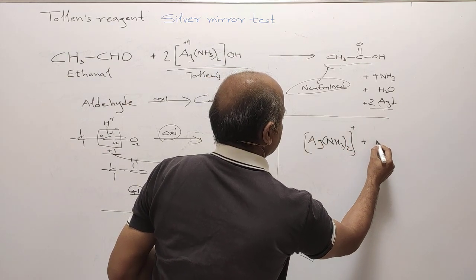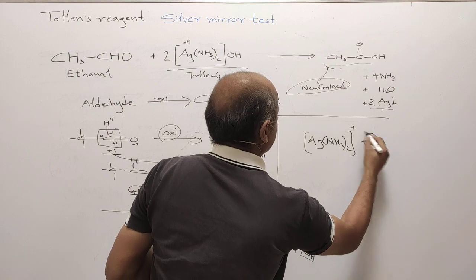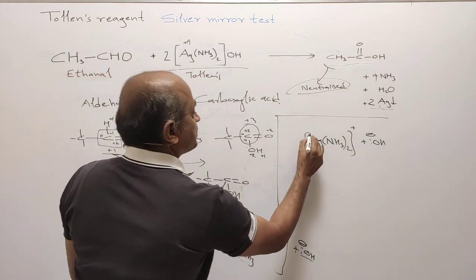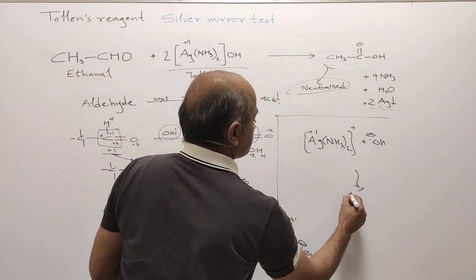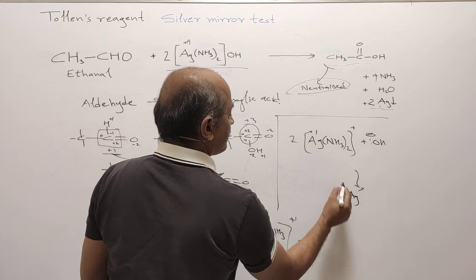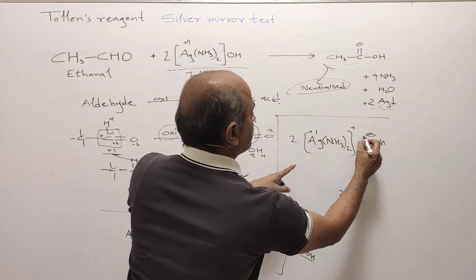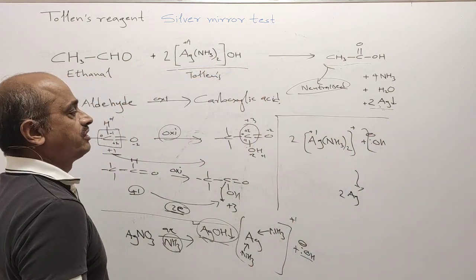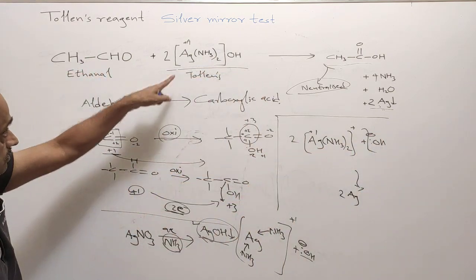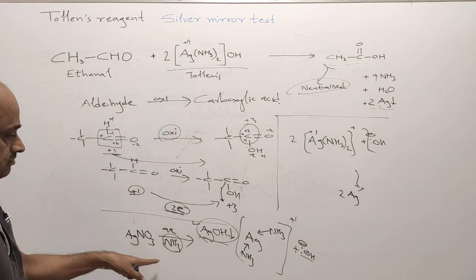This +1 and OH minus ion. So Ag+1 changes to Ag, such 2 are available. So if these ions are 2, automatically this becomes 2, because both the ions come from the same molecule.